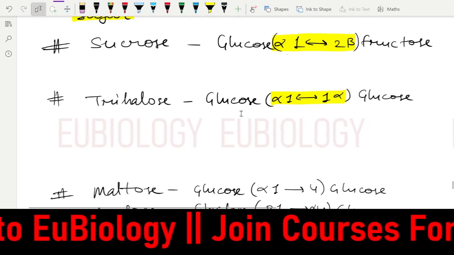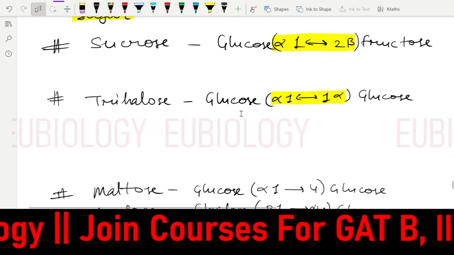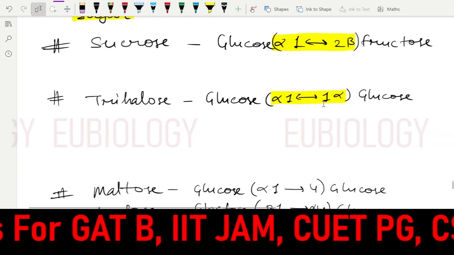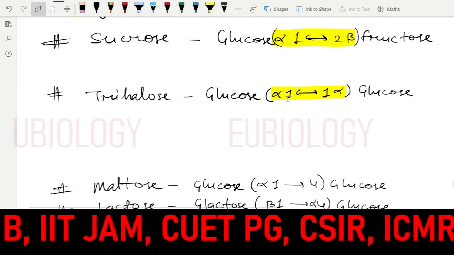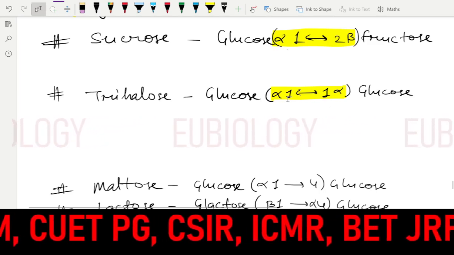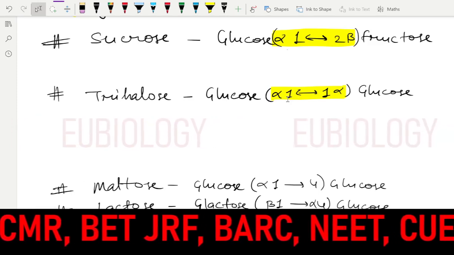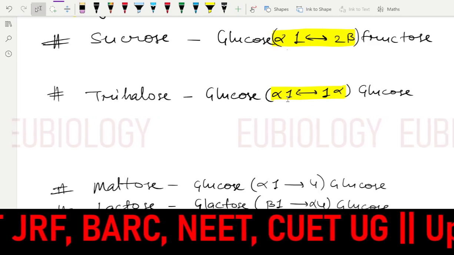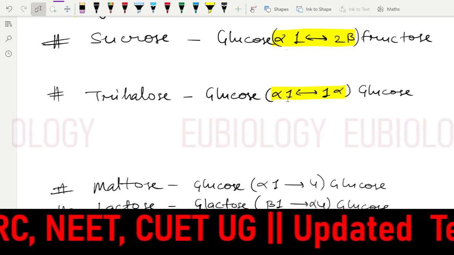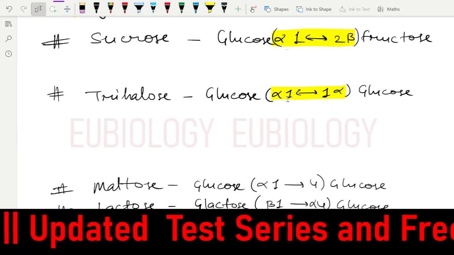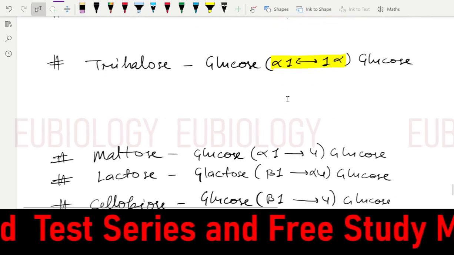Trehalose: glucose and glucose are the units of trehalose, with a bond between alpha 1 and alpha 1 carbon. Trehalose is usually found in the hemolymph, as we already studied, and it serves as an energy or storage compound, as well as anti-freeze in some invertebrates.